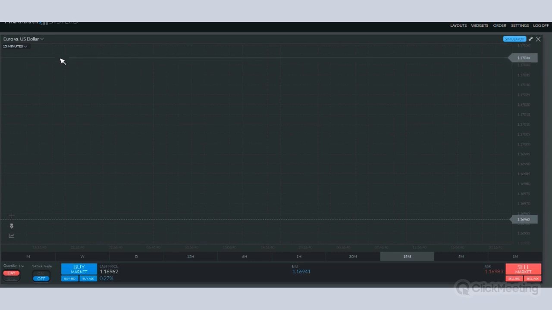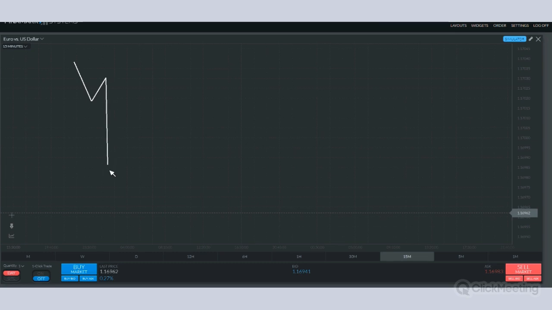So with a falling wedge, we're going to look at something like this. So we're going to see prices up here, going downward, downward, downward. Then we'll go here, go up, go downward again.